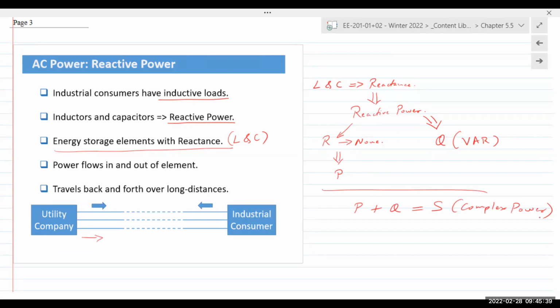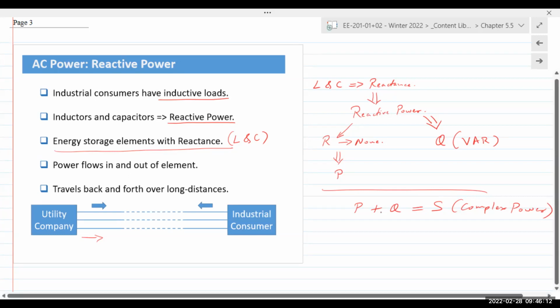So every time the switch flips on at an industrial customer, a utility company has to supply P as well as Q. The real power P is consumed to convert the electrical energy into useful mechanical energy, to make the machine spin and do work, mechanical movement.